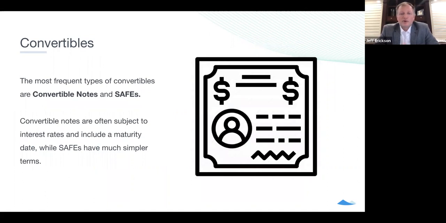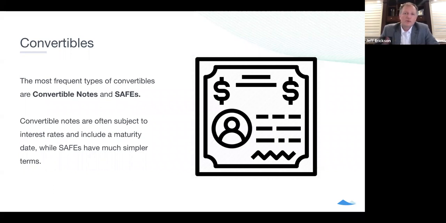The other thing that you're going to probably run into if you're talking to investors in the early stages are convertibles, convertible notes, and you may have heard of SAFE agreements or simple agreements for future equity. The concept of a convertible is that they would convert at a later date into equity in the company. So if I invested $1 million in your company today and we said, well, let's not worry about a valuation today.